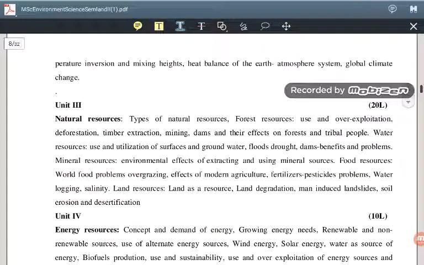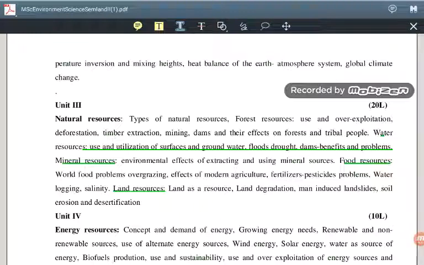You can see here topics related to land resources and food resources. What are the different types of mineral resources? What do you mean by water resources? These are the topics to be covered under unit 3.